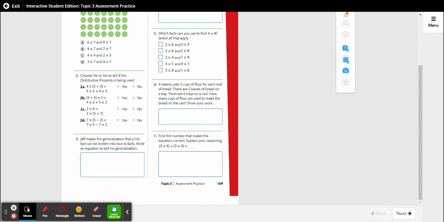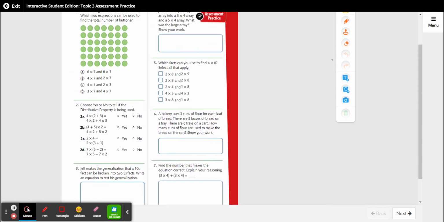So is a multiplication fact broken apart into the sum of two other multiplication facts? So here is 2a, okay? 4 times 2 plus 3 equals 4 times 2 plus 4 times 3. Well, is one multiplication fact being broken apart into two other multiplication facts?